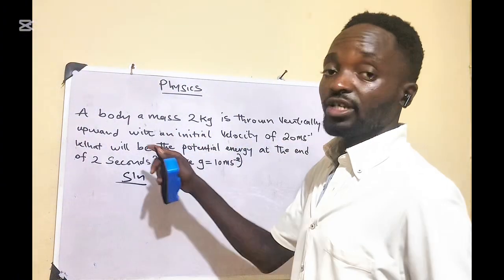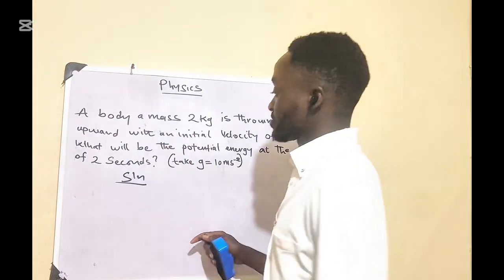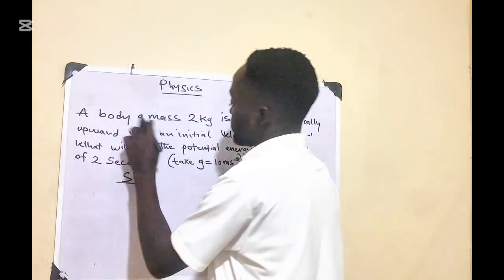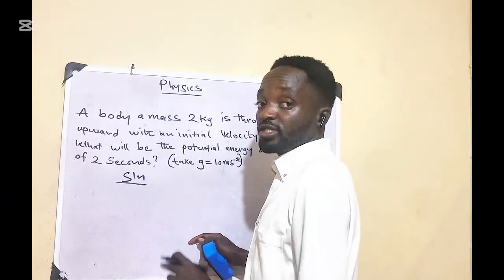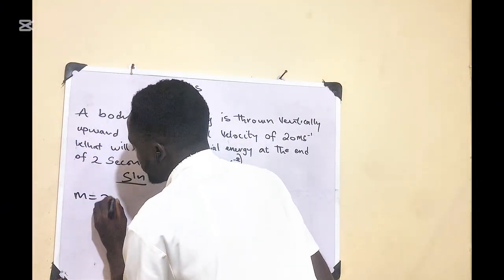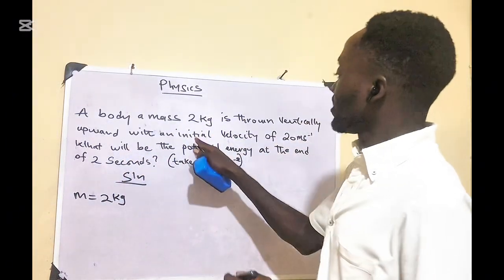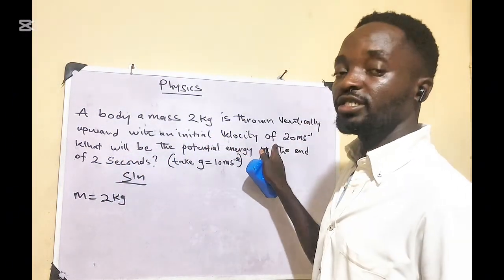So the first thing we have to do is to write out the data that we have been given from this question. From the question we are given that the mass of the body is 2 kg. So mass is 2 kg. And then we have the initial velocity given as 20 meters per second.